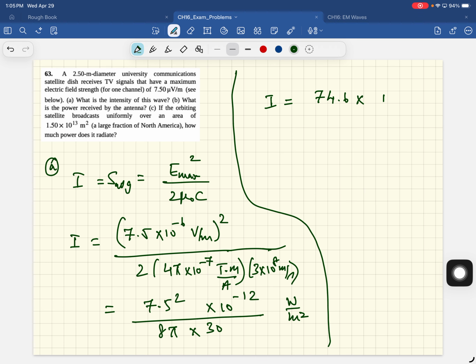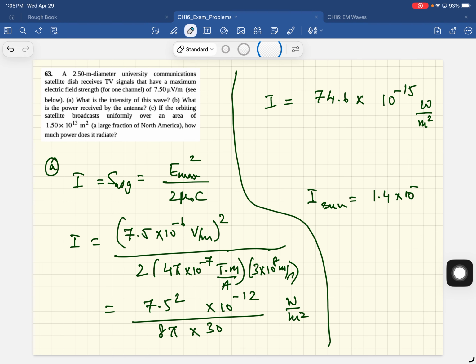74.6 into 10 to the minus 15 watts per meter square. Okay, you saw that the intensity of the sunlight reaching Earth is 1.4 times 10 to the power 3 watts per meter square.